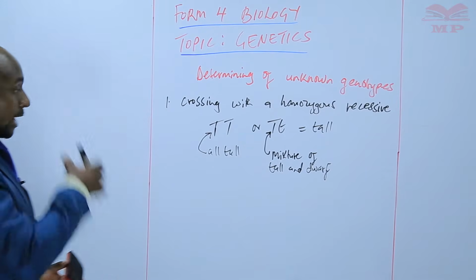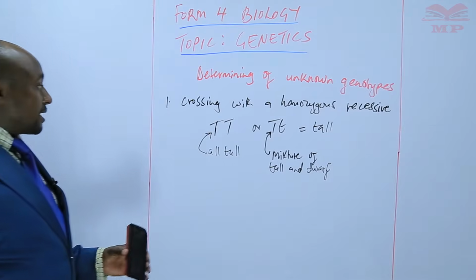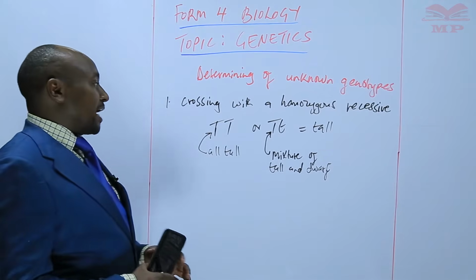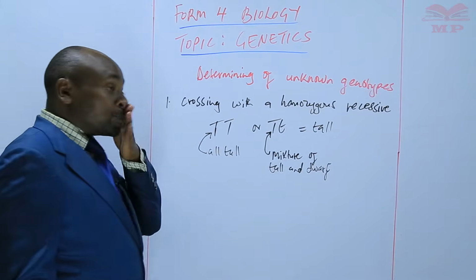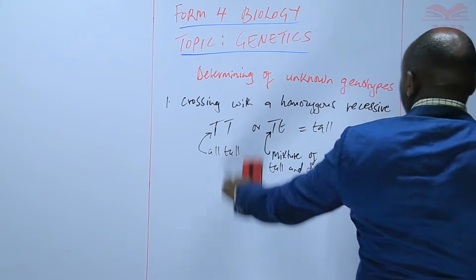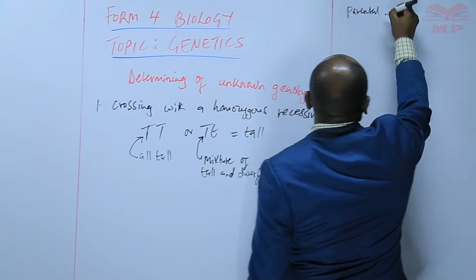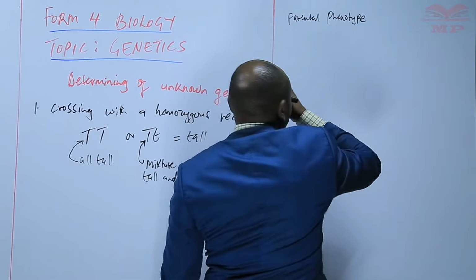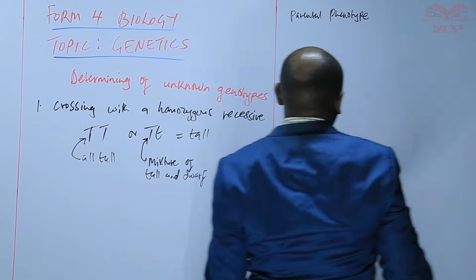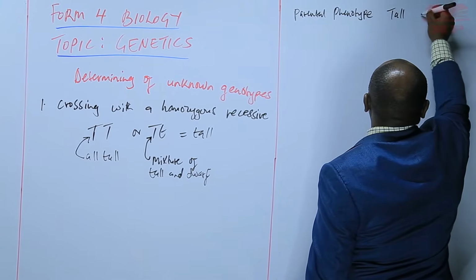Now, I would like us to see how we can demonstrate these kinds of crosses, and we'll assume both scenarios. If it was the first scenario, then the parental phenotype, remember we always start with the phenotype before we go to the genotype, is tall against tall.